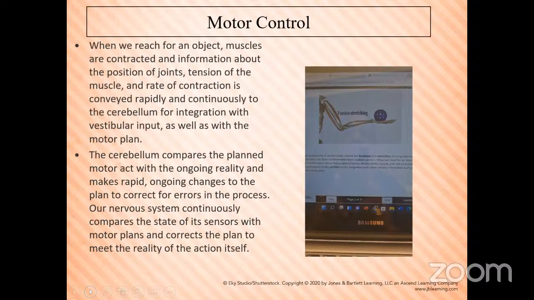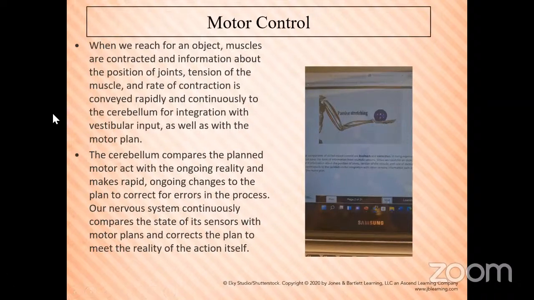The cerebellum compares the planned motor act with ongoing reality and makes rapid changes to the plan to correct for errors. Our nervous system continuously compares the state of the sensors with motor plans and corrects the plan to meet the reality of the action itself.